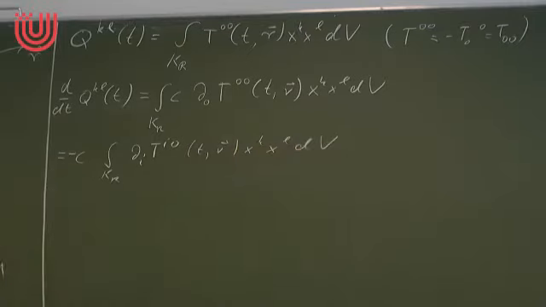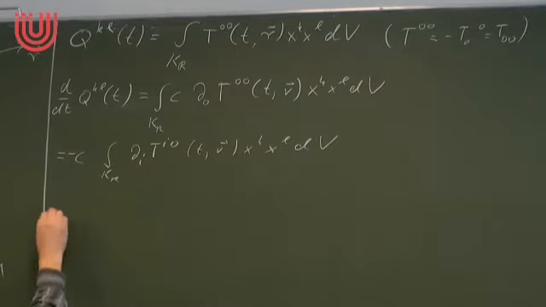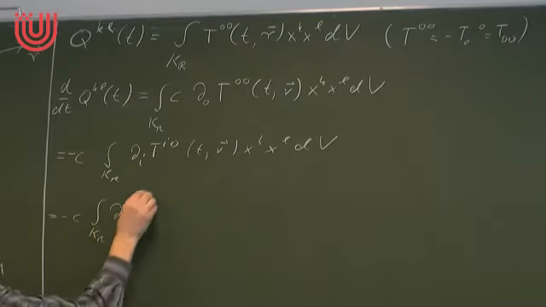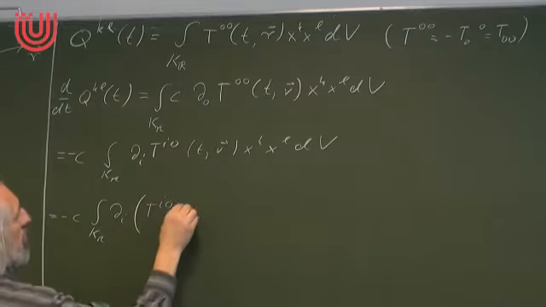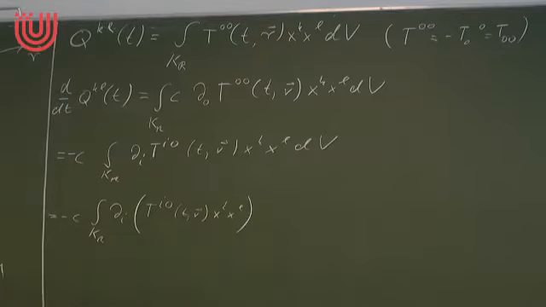Well, and if you deal with integrals of this sort, what you do is always the same thing. You apply the Gauss theorem. In order to apply the Gauss theorem, I need the divergence under the integral. So I have to write everything under the derivative. So for this, of course, I have to use the product rule. So I write everything under the derivative, T^{i0}(t, r) x_k x_l.